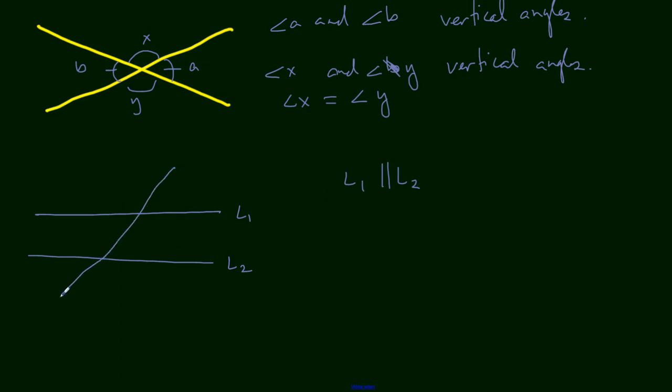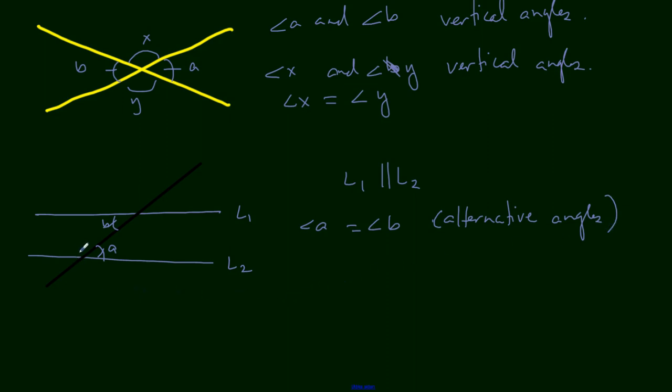Then if I have another straight line crossing these parallel lines, then this angle, I will call it A and B. The angle A is equal to angle B. They are called alternate angles.